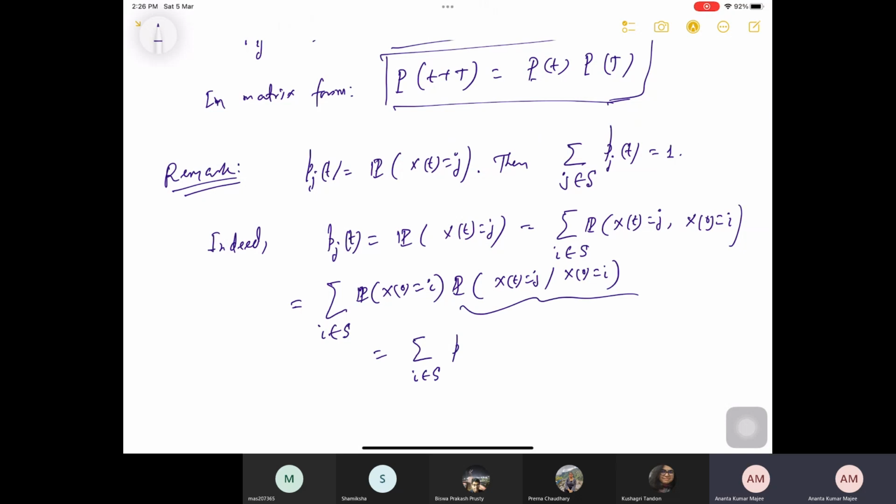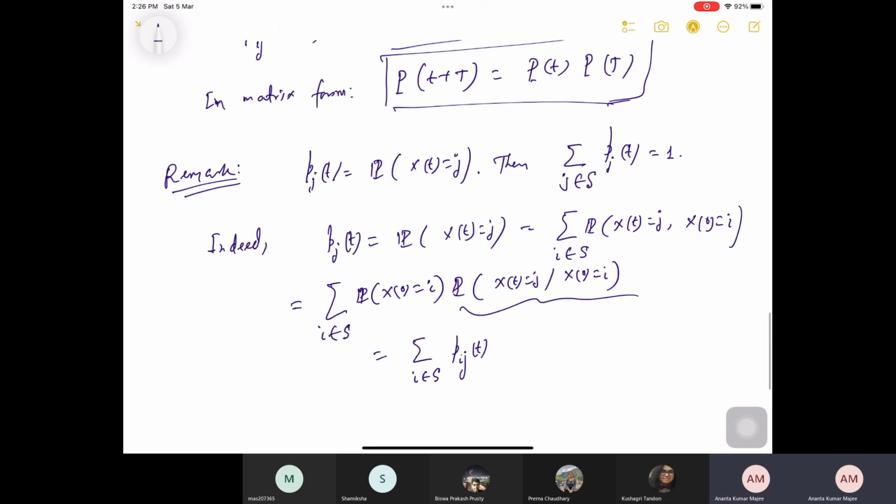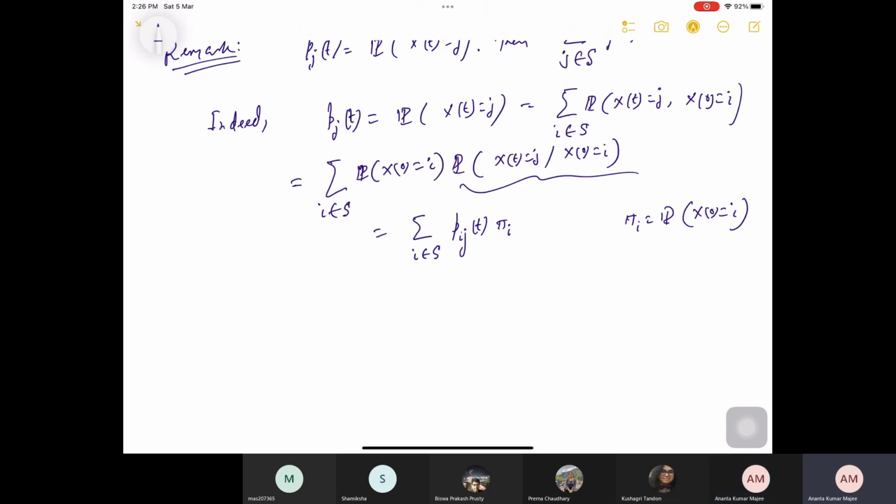This part is p_ij(t), and the probability of X(0) = i is the initial distribution, which I denote by small pi_i. So pi_i equals probability of X(0) = i. This is the initial distribution.